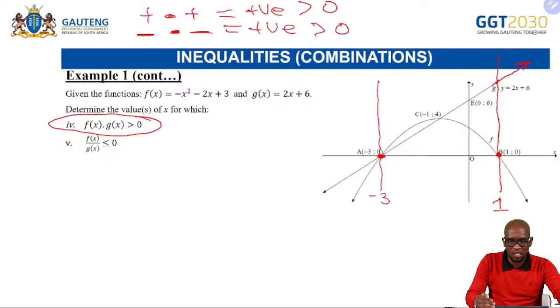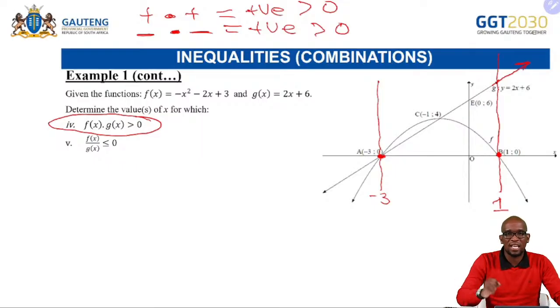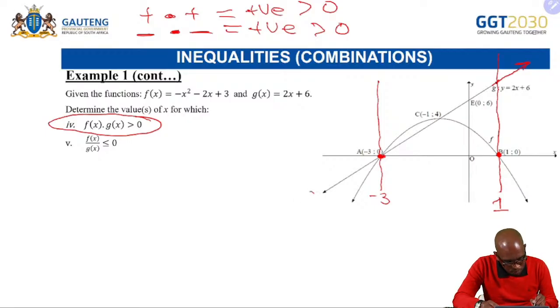With respect to the Cartesian plane, a graph is positive when it is above the x-axis, and negative when it is below the x-axis. So we're going to assign those signs to the graphs. I'm going to start with the graph of g. The portion of the graph of g between minus infinity and minus 3 is below the x-axis, so I'm going to assign negative signs there.